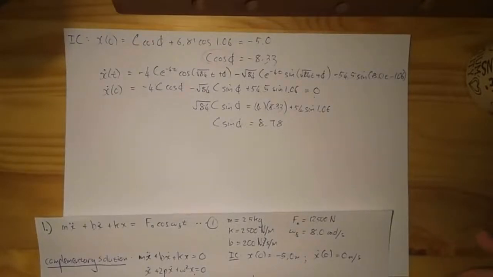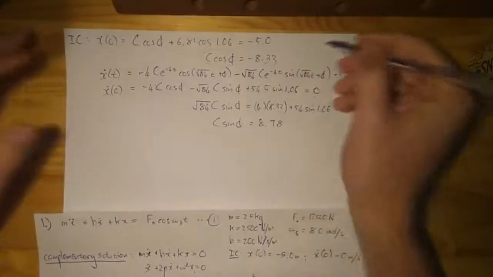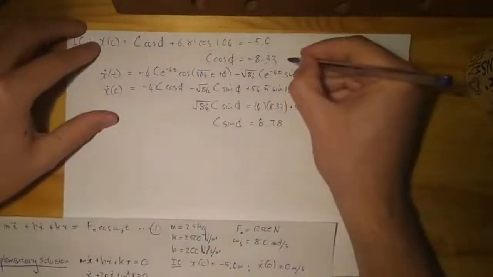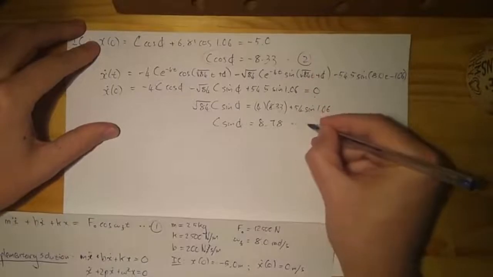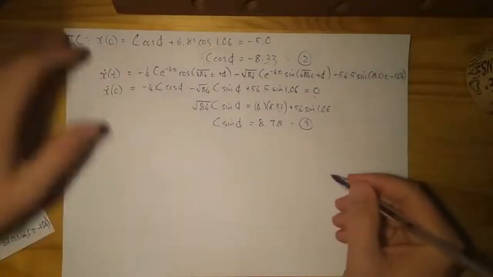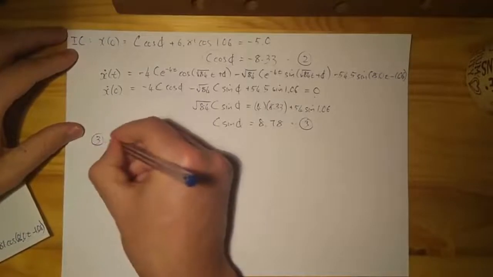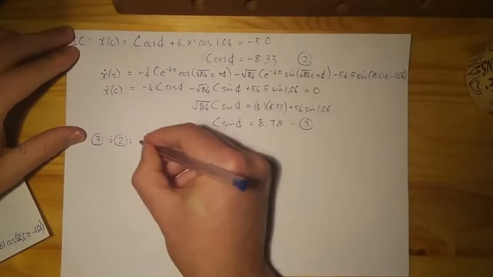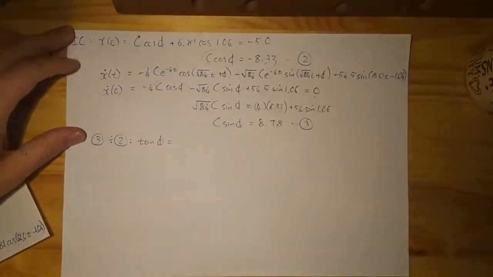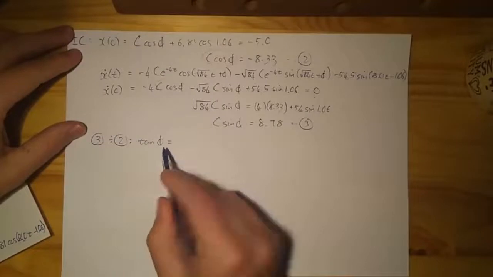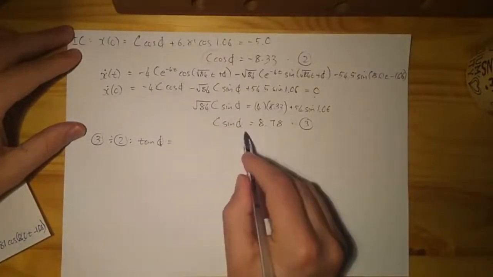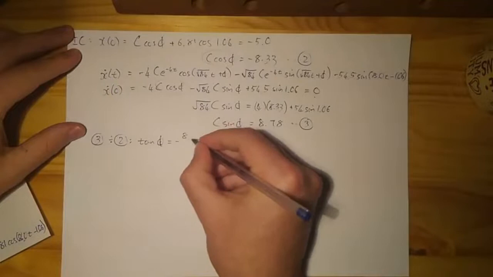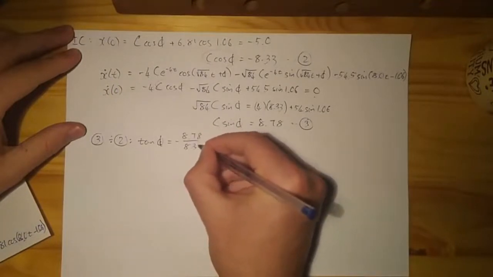So therefore, I can now take, well, which numbers have we not used? 1 and 2. Okay, so let's call that 2 and 3, just to explain carefully what we're doing, so anyone else can follow the steps nice and easily. So I'm going to say 3 divided by 2, and then I'm going to get tan of phi equal to minus 8.78 over 8.33.